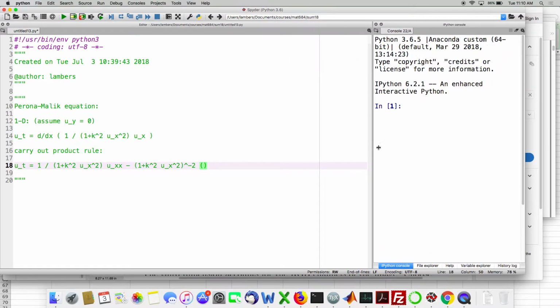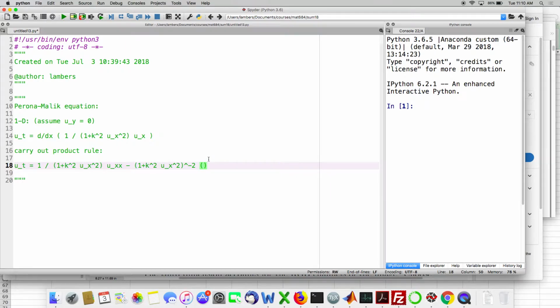Times the derivative of this inside, so that's going to be 2k squared uxx. Again, my chain rule again. And all of this is times this, ux. Okay. So, kind of a mess here.